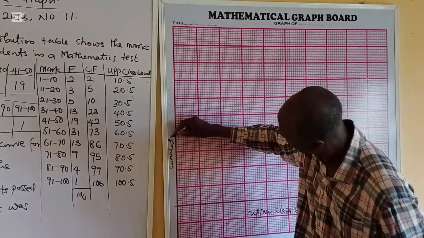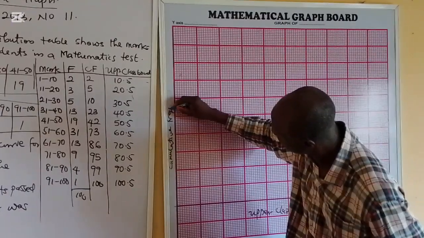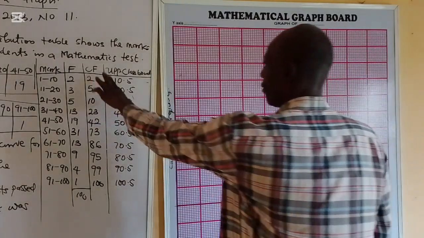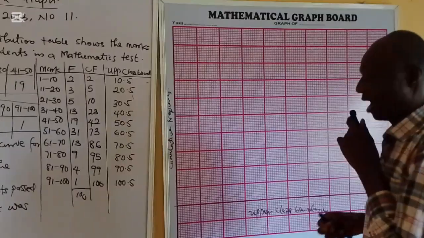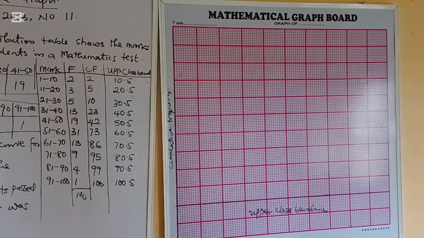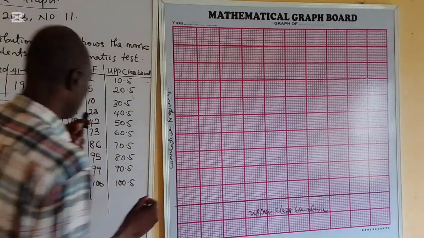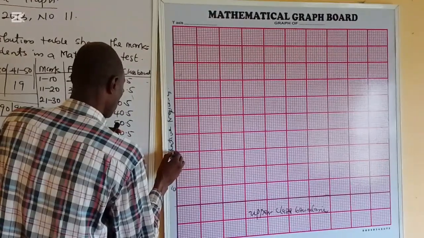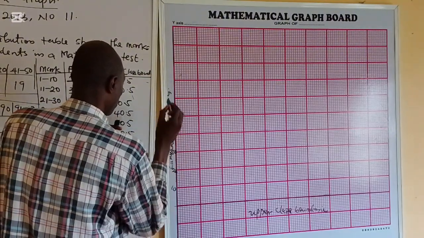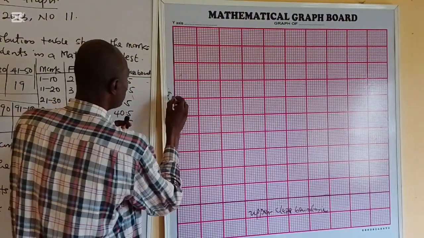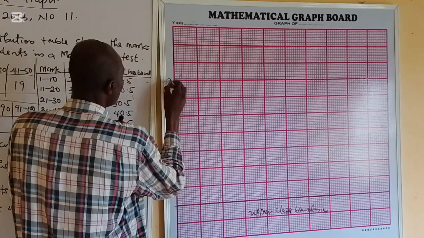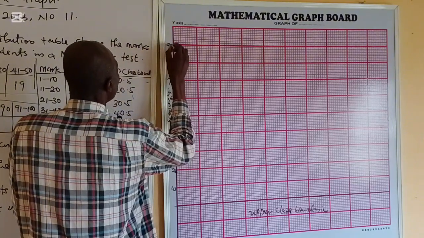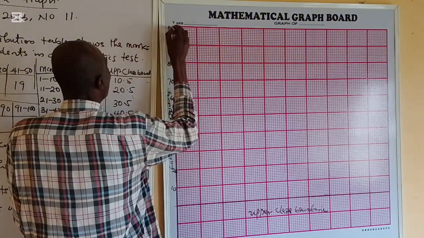Our cumulative frequency. If you look at the figure here, the highest there is 100. Since the highest is 100, I will start from 10, this line will be 10, here will be 20, 30, 40, 50, 60, 70, 80, 90, and the last here will be 100.